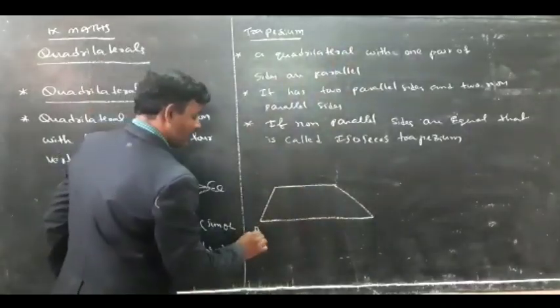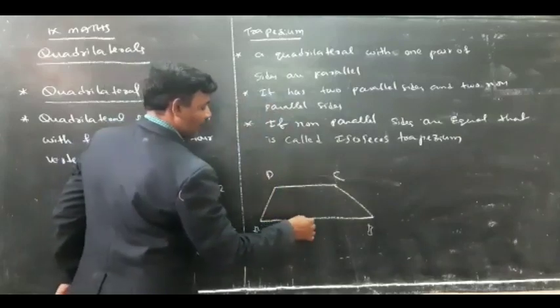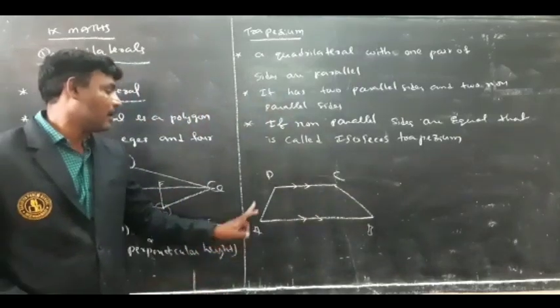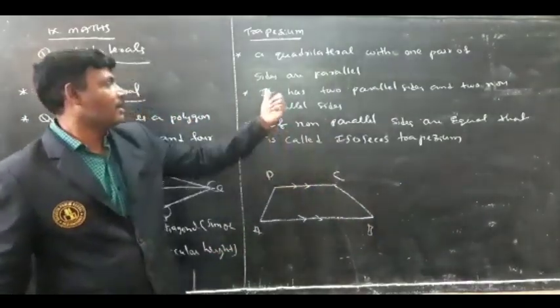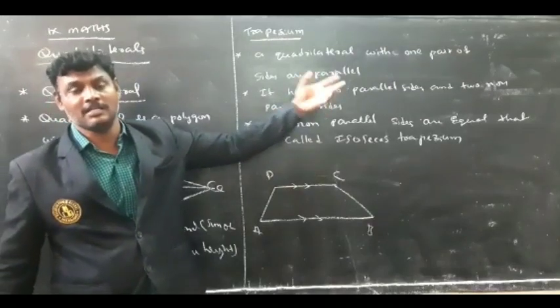So in this A, B, C and D, AB and CD are parallel lines, and AD and BC are non-parallel lines. It has two parallel sides and two non-parallel sides.